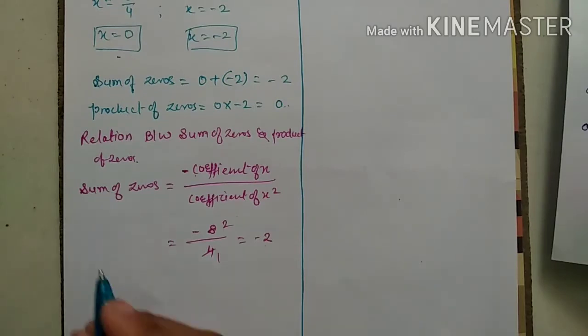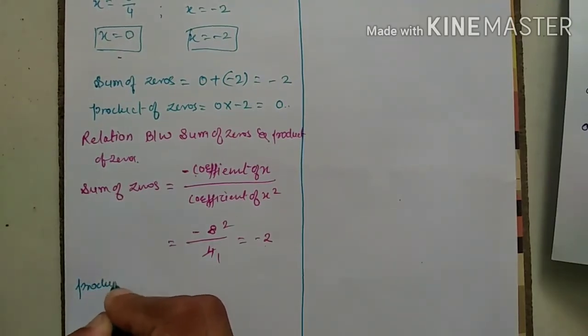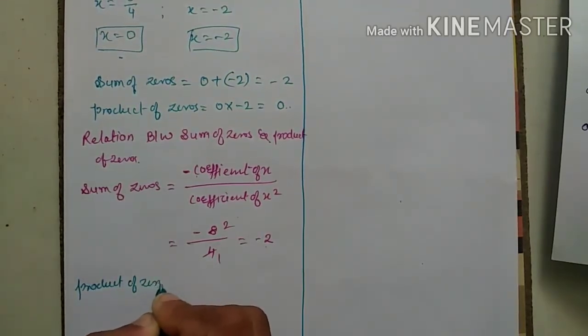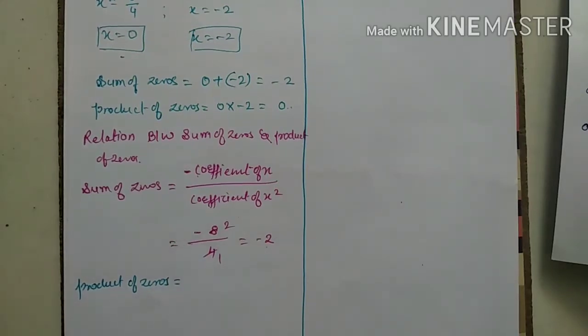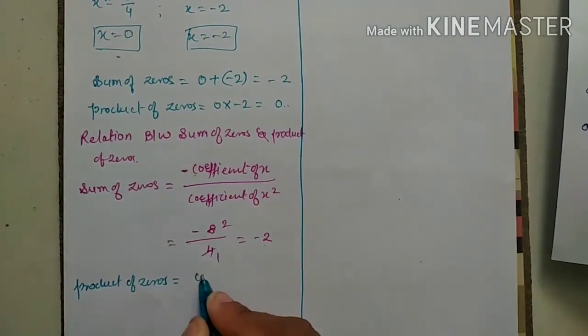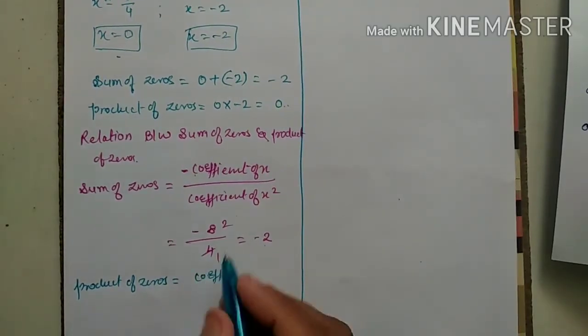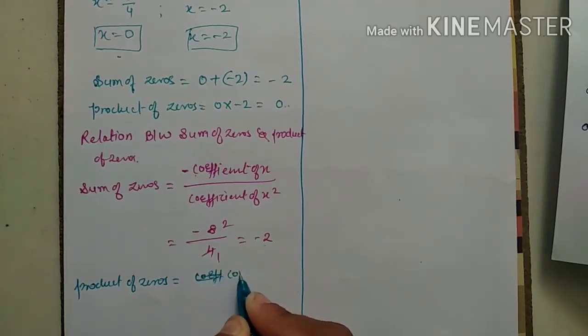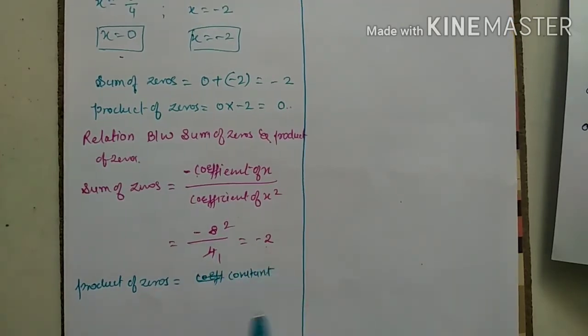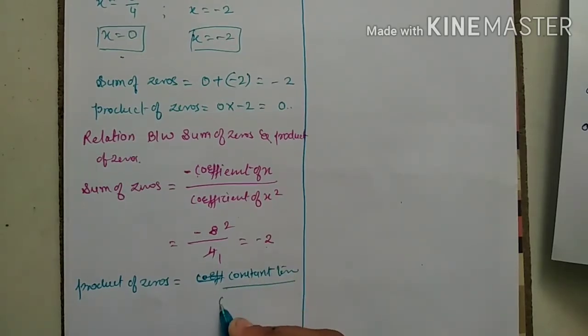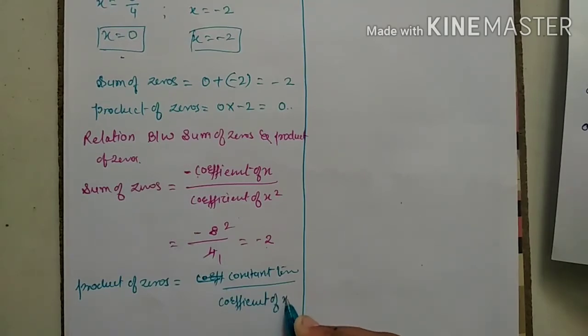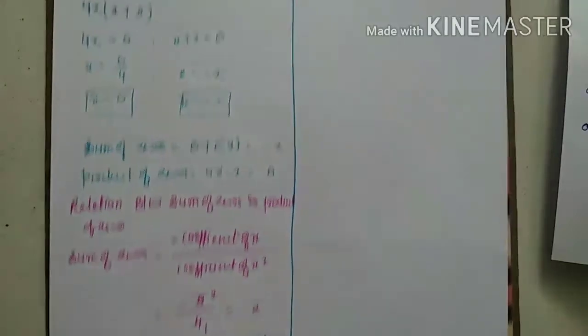Next, what do I have to find? Product of zeros. Again I am using another pen. Product of zeros formula is what? Constant term upon coefficient of x square. Very easy. Constant term, is there any constant term here?